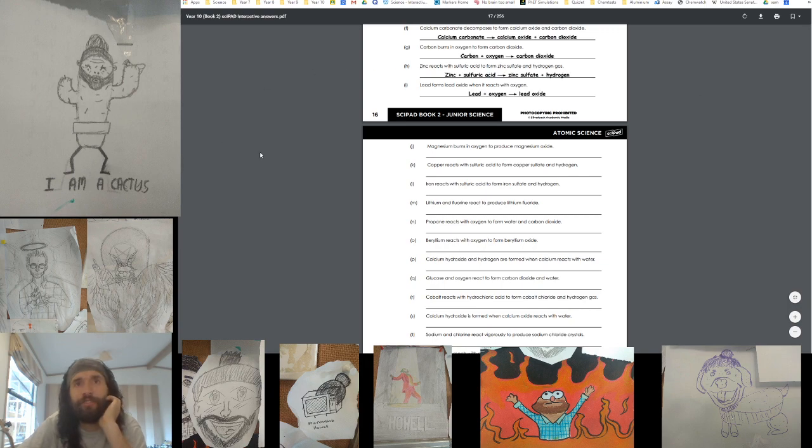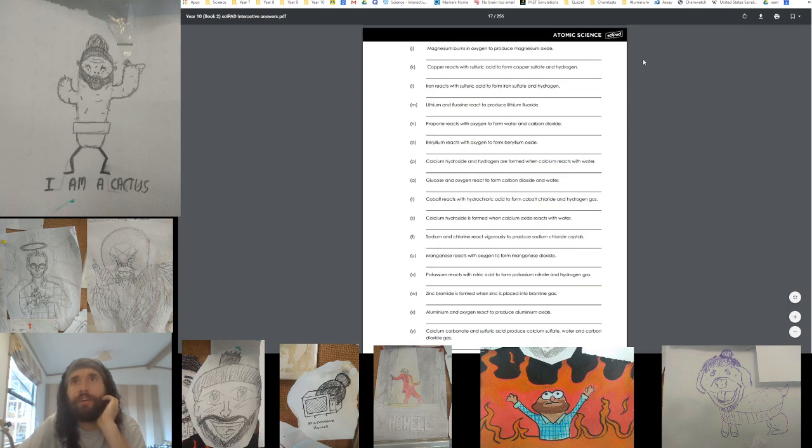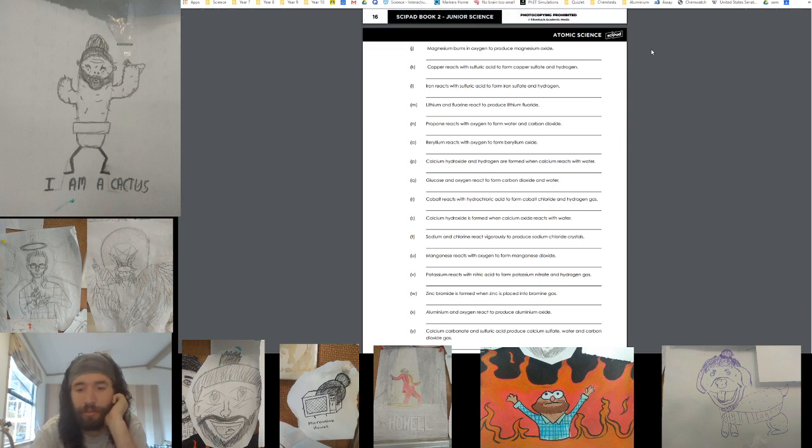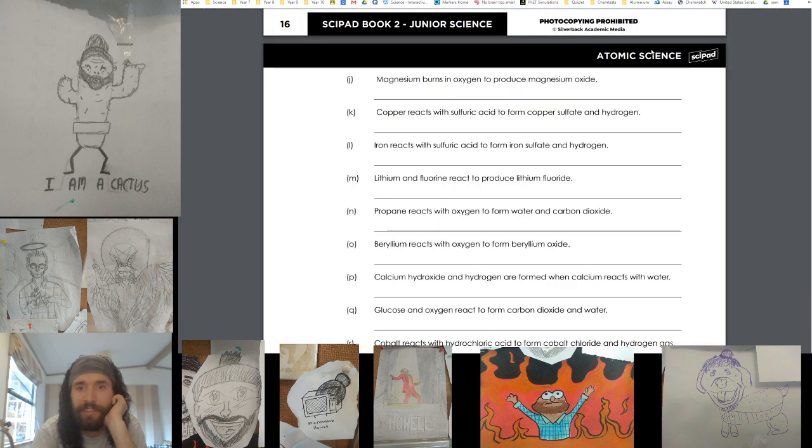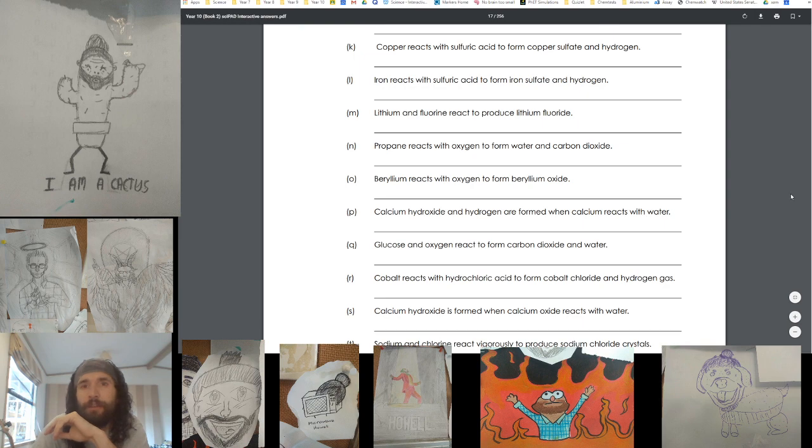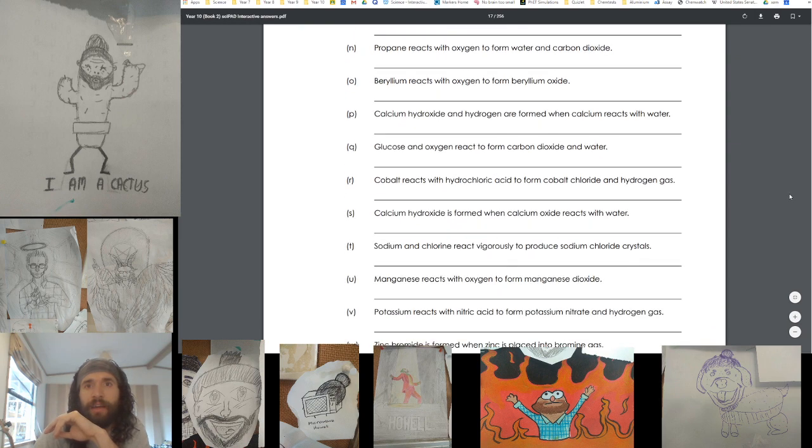So let's have a look at J at the top there. Magnesium burns in oxygen to produce magnesium oxide. Magnesium, do a plus, oxygen, then an arrow to make magnesium oxide. Some of them are a little bit harder.